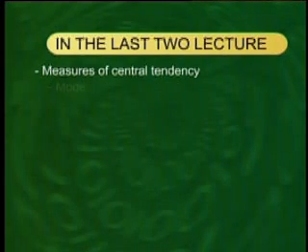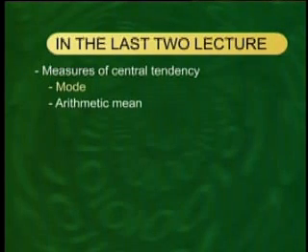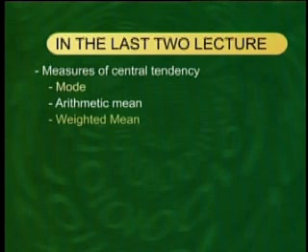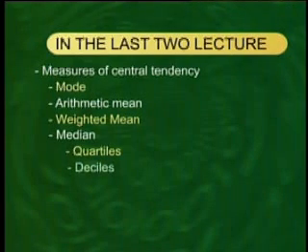We started from the mode, we went on to the arithmetic mean and the weighted mean, and after that we discussed the median. उसके बाद आपको याद होगा कि मीडियन में जो पार्टीशनिंग का कॉन्सेप्ट इन्वॉल्व्ड है उस कॉन्सेप्ट को हमने आगे बढ़ाया, and I talked about the quartiles, deciles and percentiles.